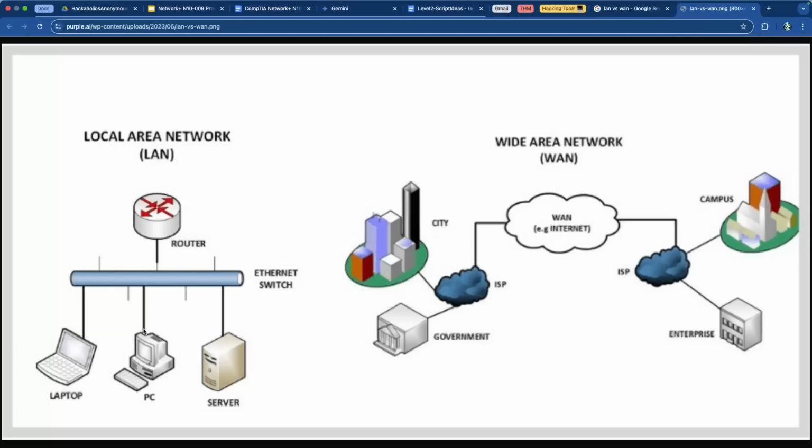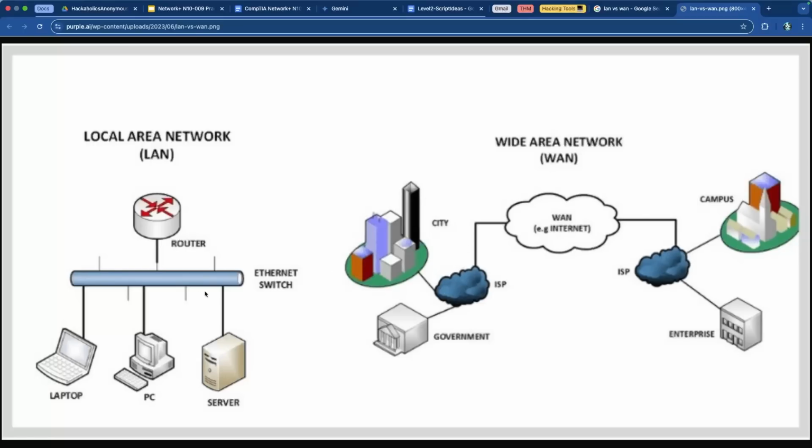But this router just by itself is a local area network, and then the internet has millions of routers. That's basically how we look at it. A wide area network could be 2 LANs, or it could be 1,000,000 LANs, right? That's basically the way that we can consider the difference between a local area network and a wide area network.